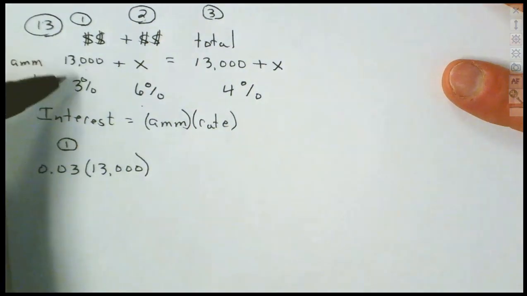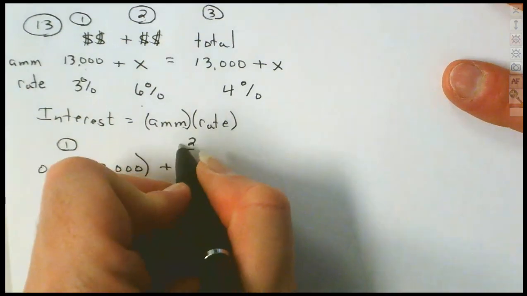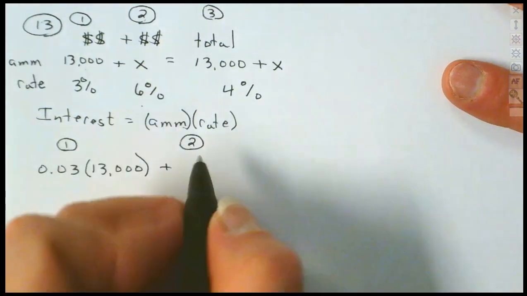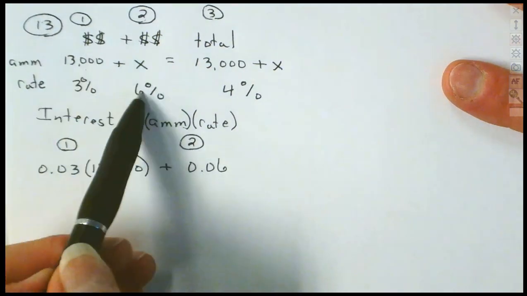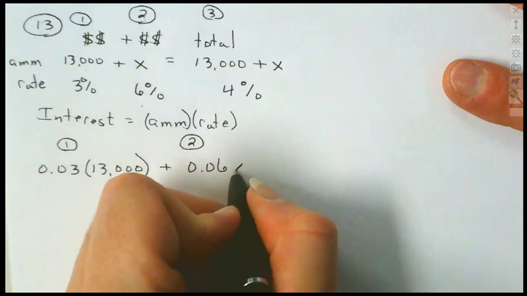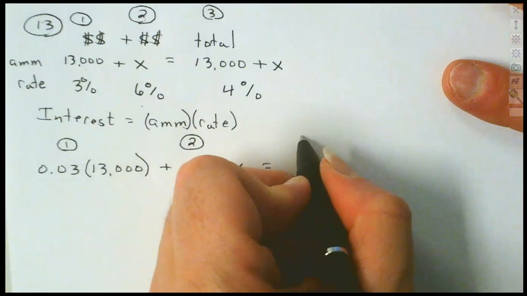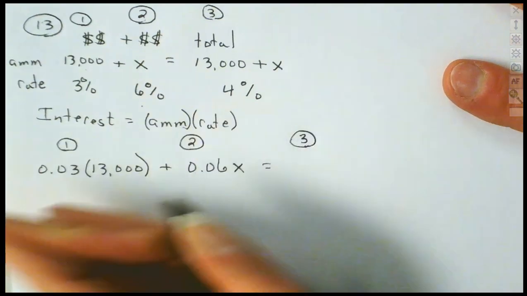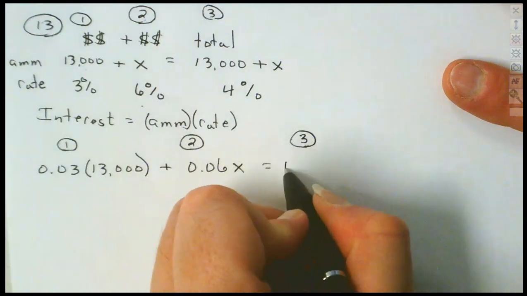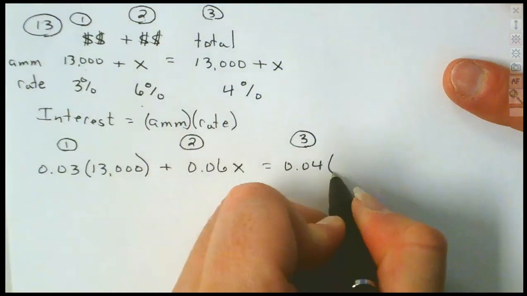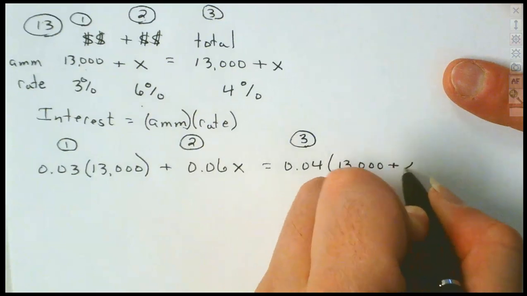These get multiplied together here. Second one, what do we have? 6%, so that's 0.06. How much is in there? Unknown amount, X. 1 plus 2 is 3. That's the way I remember it. So that's going to be the right-hand side. And 4% is 0.04. How much is in there? 13,000 plus X.